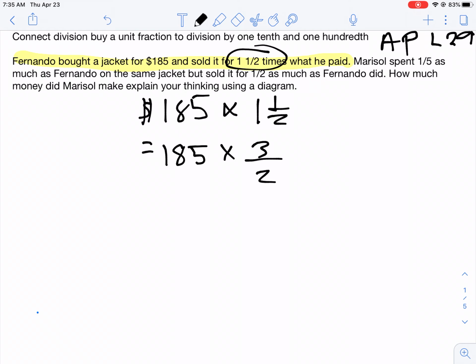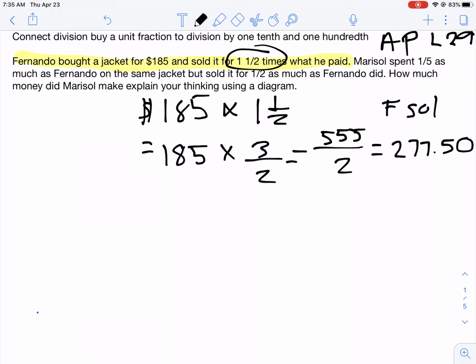And now we can multiply straight across. 185 times 3 is 555 over 2. And 555 divided by 2 is $277.50. So that is how much Fernando sold his jacket for.